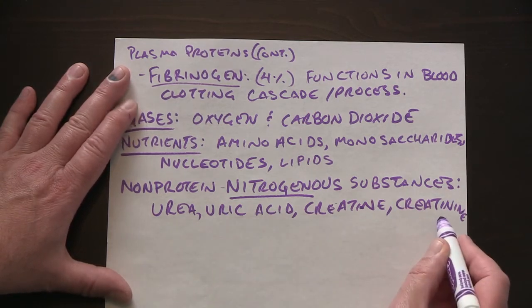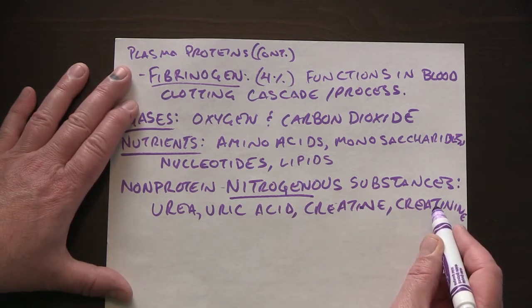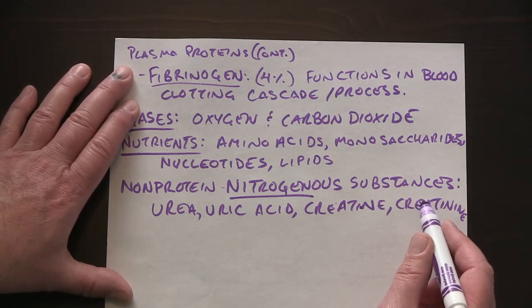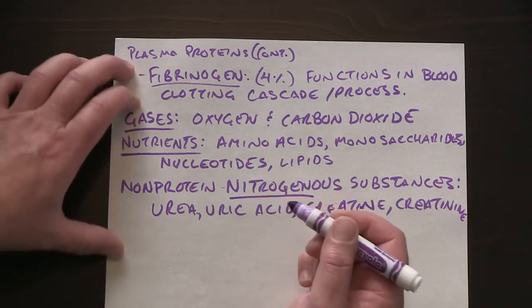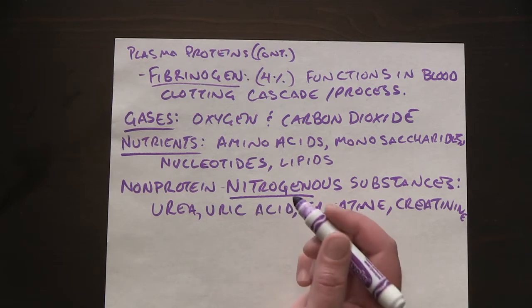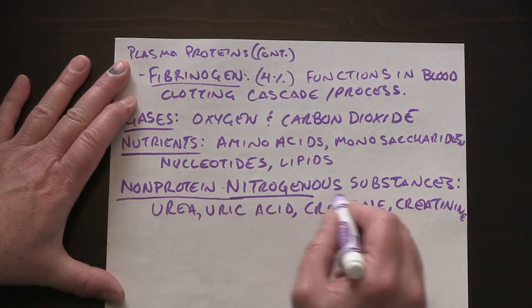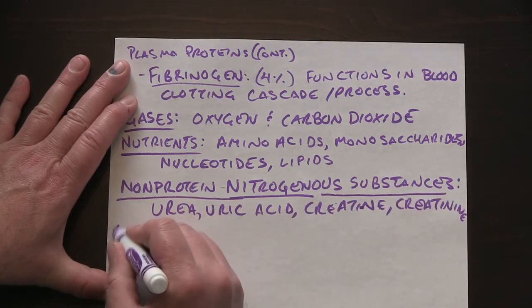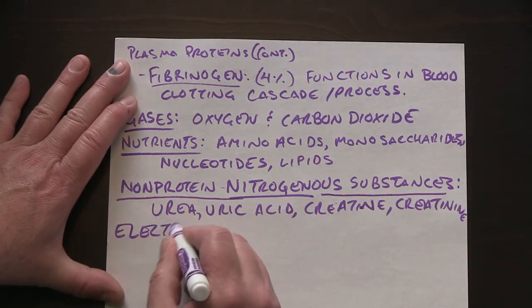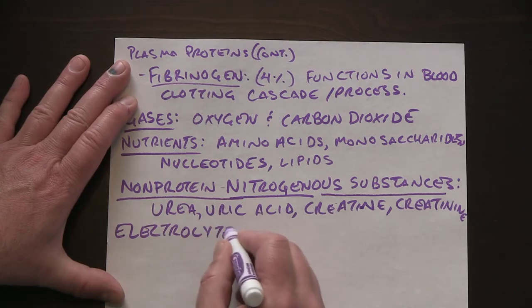Most of these are metabolic byproducts as you digest your food and burn them in your mitochondria. Non-protein nitrogenous substances. And then the last group are the electrolytes.